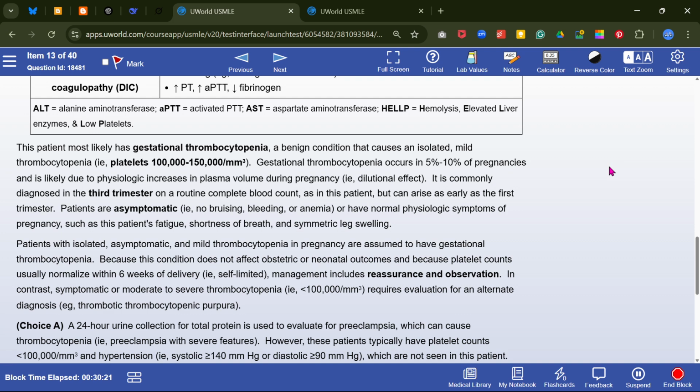It is self-limited, and management includes reassurance and observation. In contrast, symptomatic or moderate to severe thrombocytopenia, less than 1 lakh, requires evaluation for an alternate diagnosis, such as TTP. Okay.